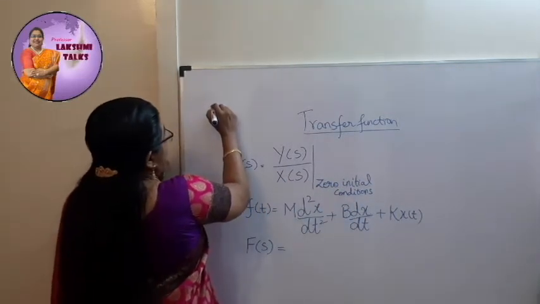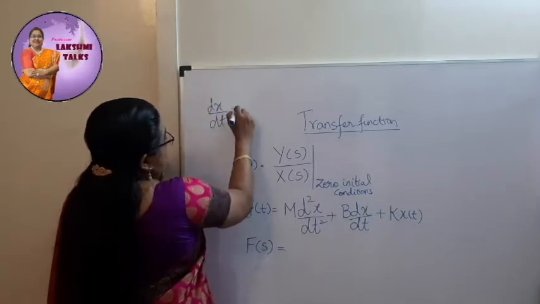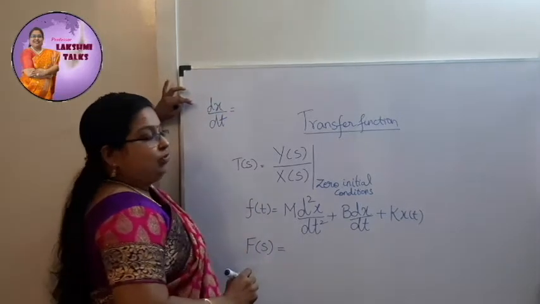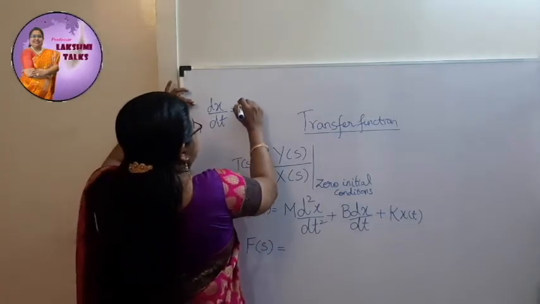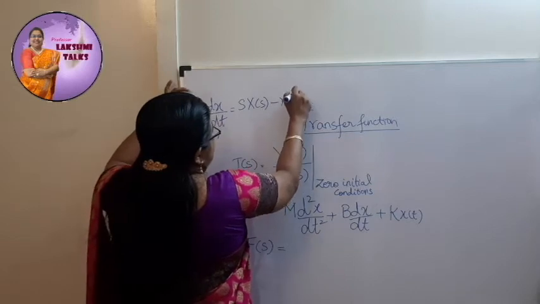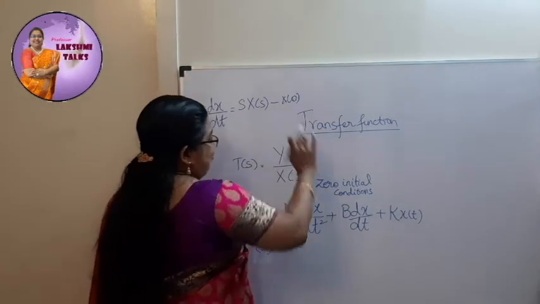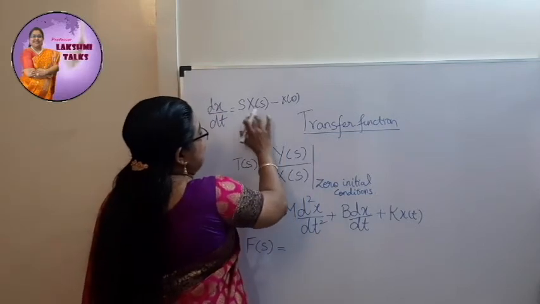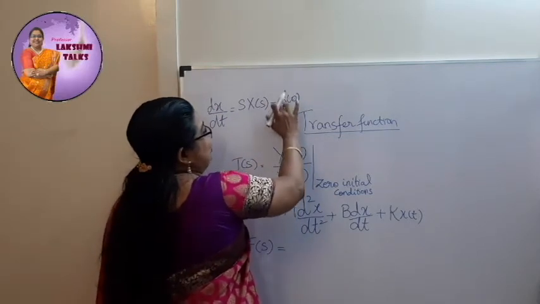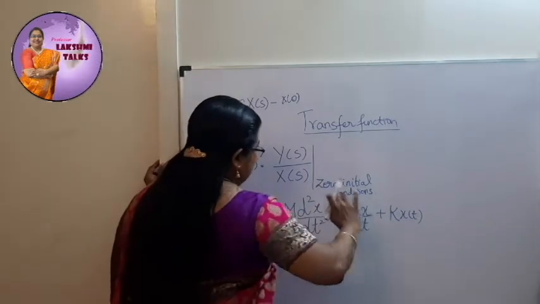For example, take this dx by dt. Its Laplace transform is s X of s minus x of 0. But in a transfer function, you will have only this X of s and the x of 0 term will be ignored.